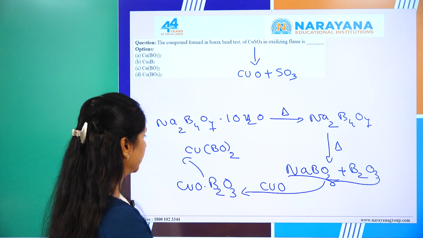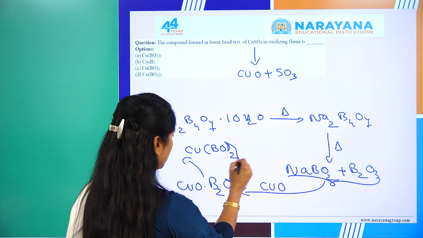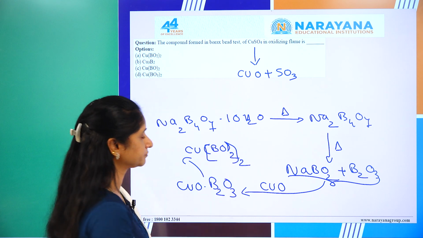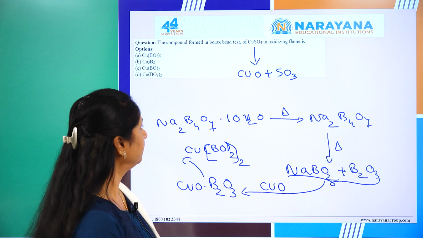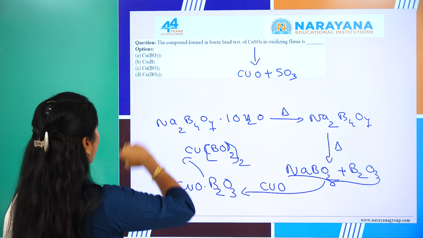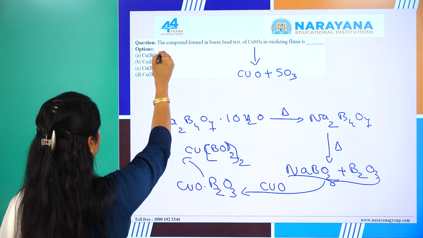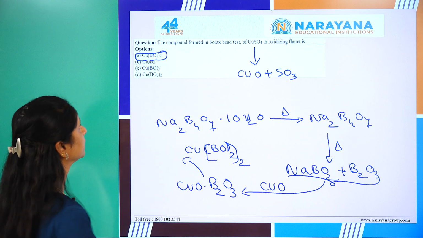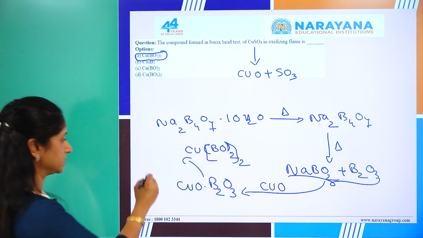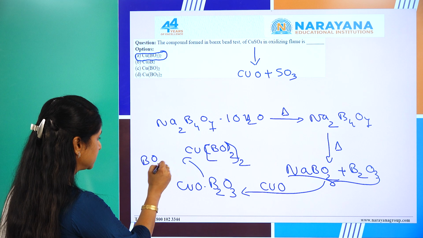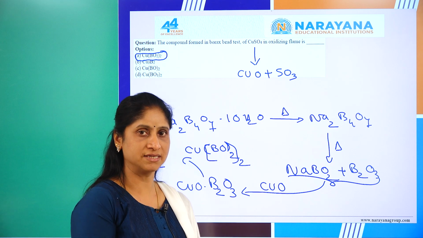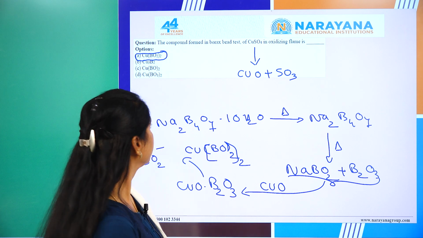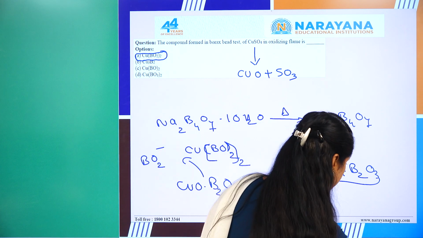So it is a direct question, a concept given in NCERT. Hence I can say copper metaborate, observe it as option A, Cu(BO2)2. BO2 minus is a metaborate ion, just like meta-aluminate ion is AlO2 minus. So let us see the next question. I think these are the questions that are available with us.